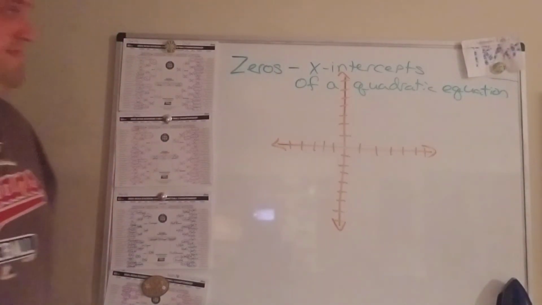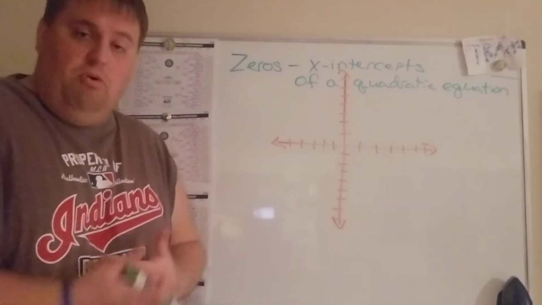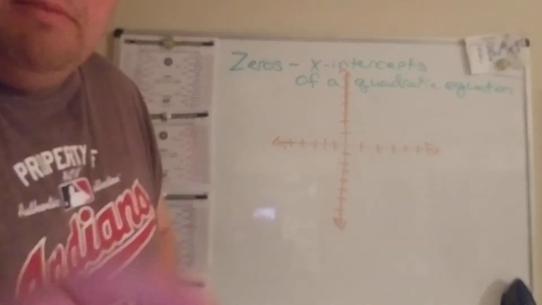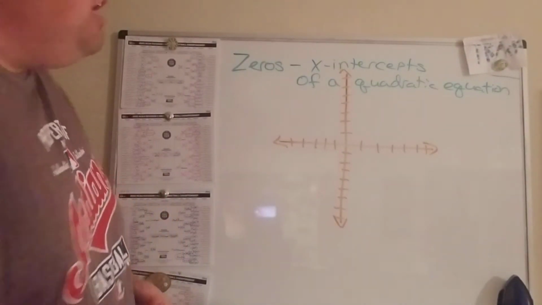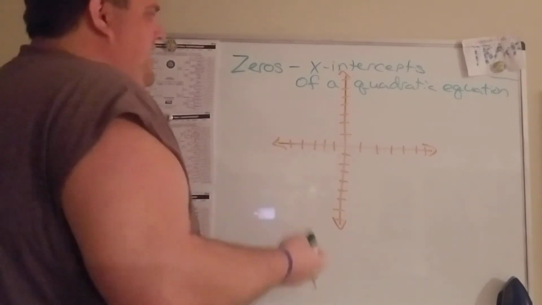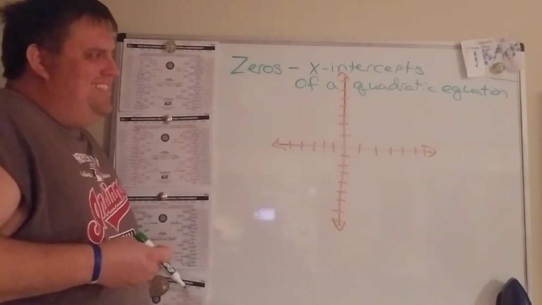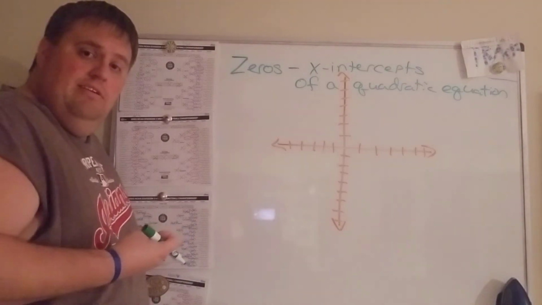And technically we could use the word zeros for more than just quadratic functions, but for our intents and purposes right now, we're just talking about zeros as quadratics. And so what we're going to be looking for is, where does this thing cross the x-axis?